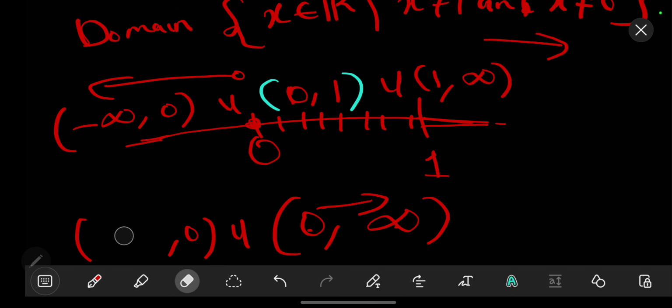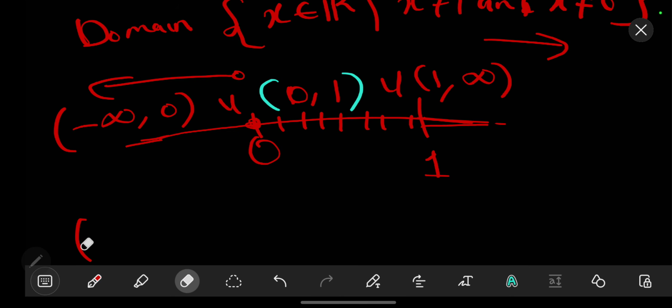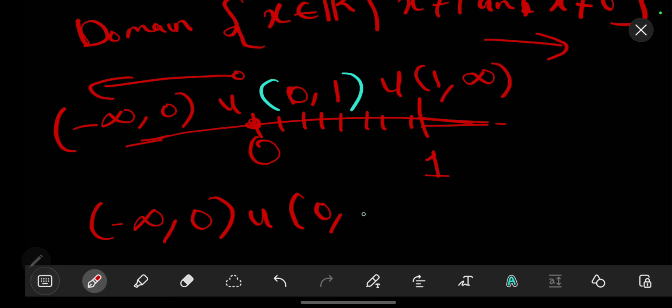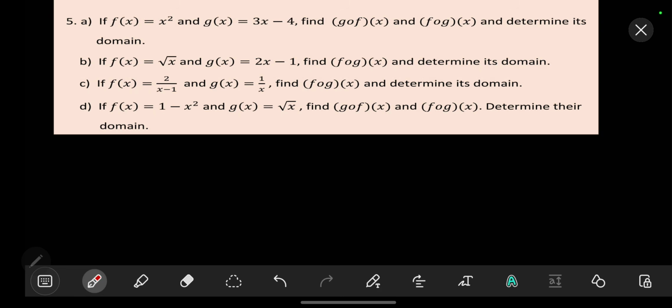So you have to write the three of them. So the answer is negative infinity, comma 0, union 0, comma 1, union 1, comma positive infinity like that.